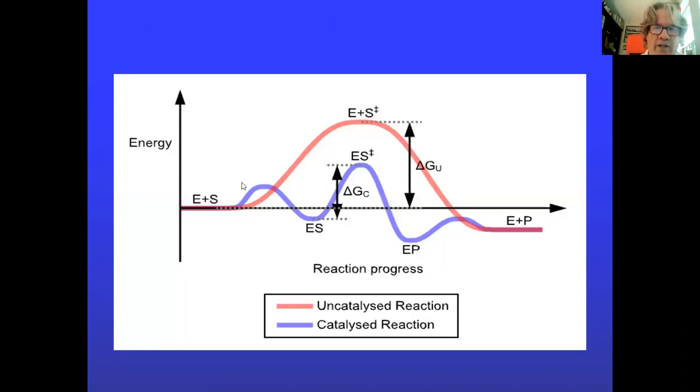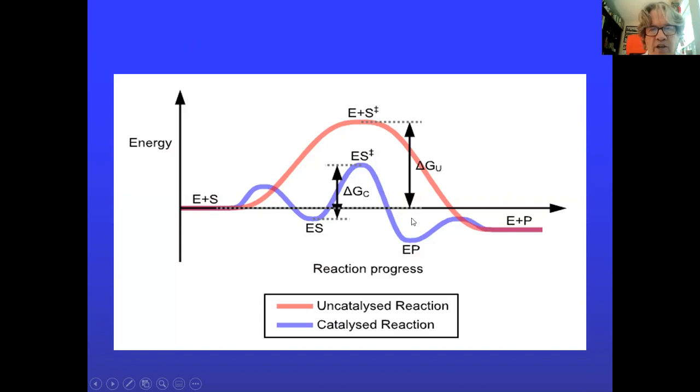I'm not going to ask you to reproduce this, but you should be aware that most enzymes carry out a reaction through a lot of intermediate steps that the catalyst can catalyze. You can imagine an enzyme with a substrate, that's E plus S here, going through an energy of activation here, and at the top you need this kind of state to make the reaction happen.